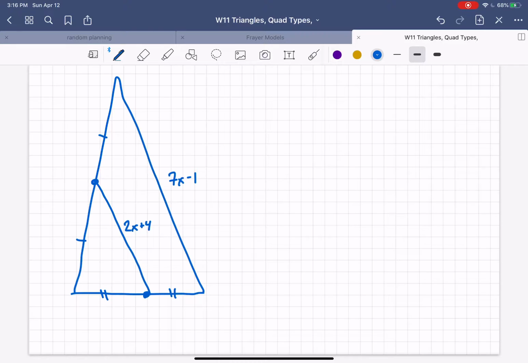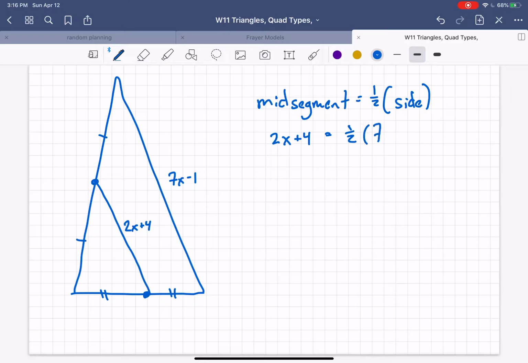So to do this, we have to use our property. We said the mid-segment is equal to 1/2 of that side. So we say the mid-segment, which is 2x plus 4, is equal to 1/2 of 7x minus 1. I don't like that 1/2, so instead of trying to distribute it, I'm going to multiply both sides by 2.